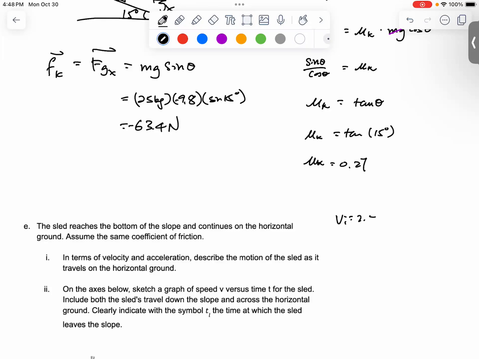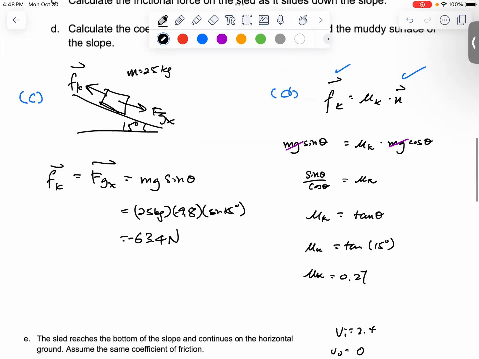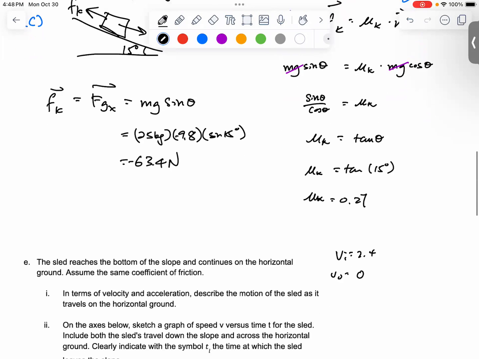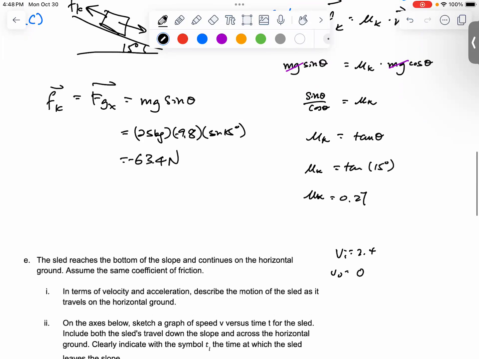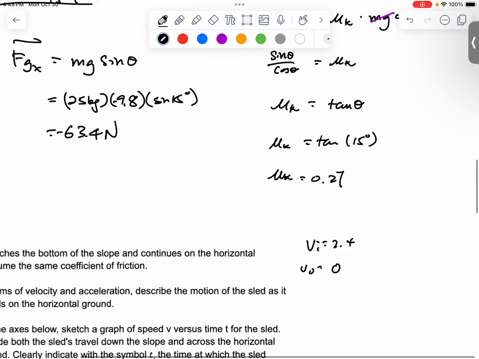So we have initial 2.4, final 0, and then what else? We can get this acceleration, but how? Yes, we will, but how?